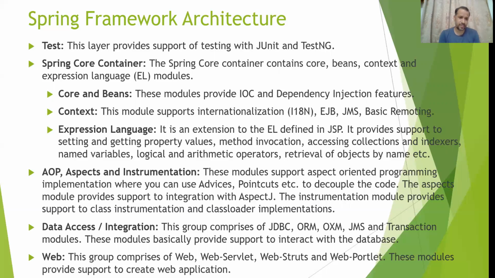Now, AOP, aspects, and instrumentation. This is the third part. These modules support aspect-oriented programming implementation, where you can use advice and pointcuts, etc., to decouple the code. The aspects module provides support for integration with AspectJ. AspectJ is one of the concepts with the help of which you can connect your aspects.